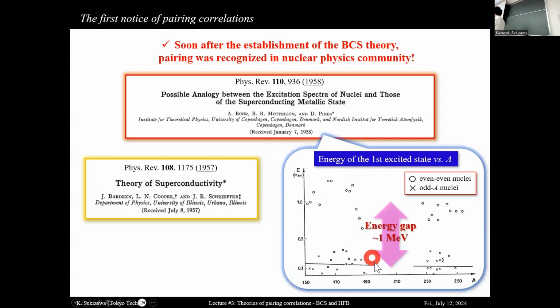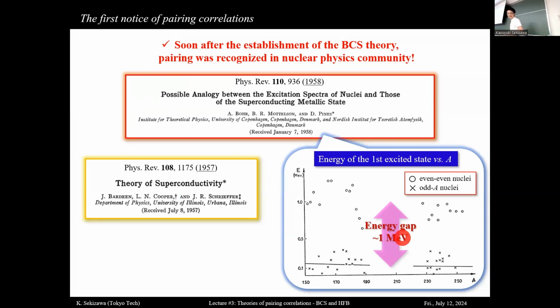There is an energy gap between odd mass and even nuclei. In the case of odd mass nuclei, the energy of the first excited state is very low. This is in MeV, so this is 100 keV, 0.1 MeV. But in the case of even nuclei, there is a gap to excite the first excited state, which is about 1 MeV.